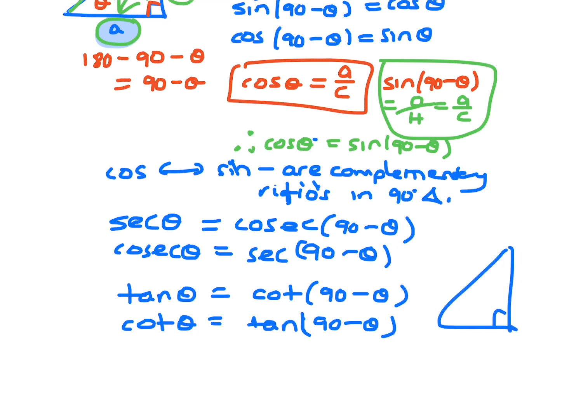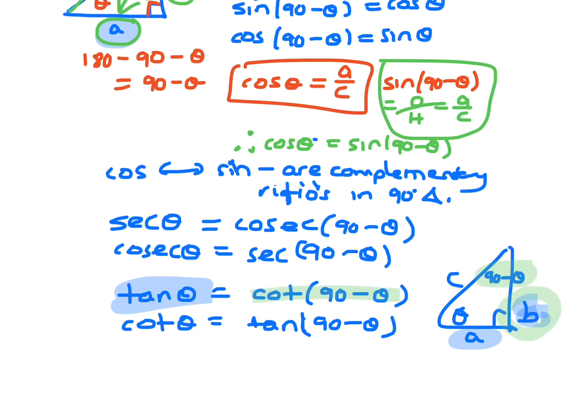If you just quickly look at this triangle, that would be 90 minus theta, and that's A, B, C. If you want to get tan theta, tan theta would be B over A. Then you want to look at cot of 90 minus theta.